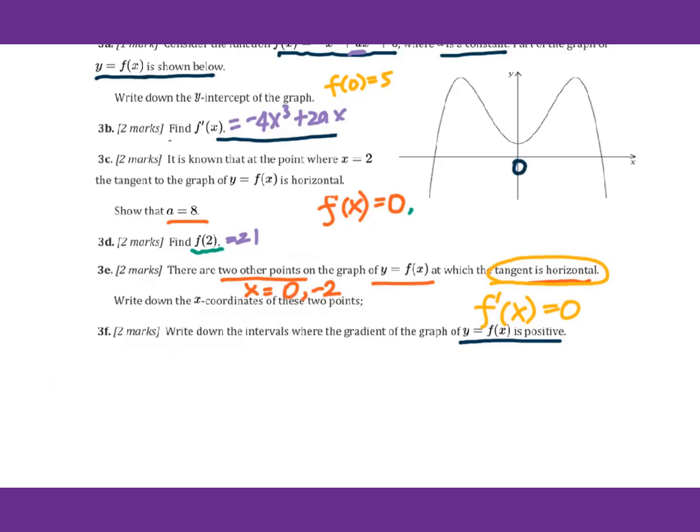This is 0. This will be 2. Here is negative 2. The gradient, that means f prime of x is positive, greater than 0, which means the graph is increasing.